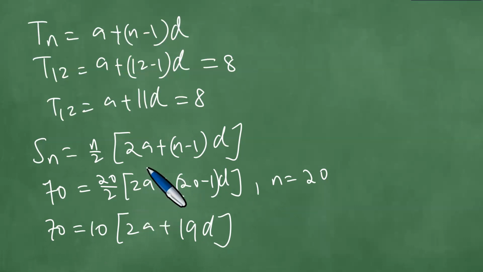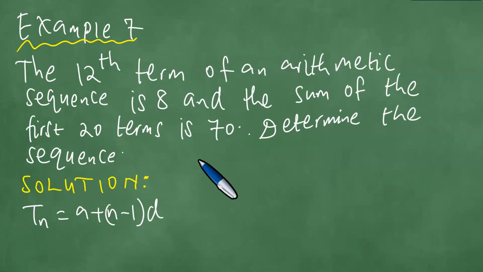Yeah, this one is 2a, because we've not quite got a. So what is the question? What do we need here? Determine the sequence. So we need the sequence.